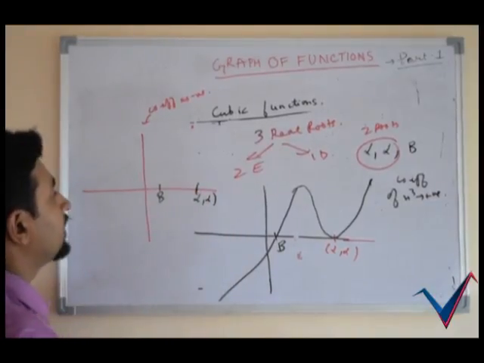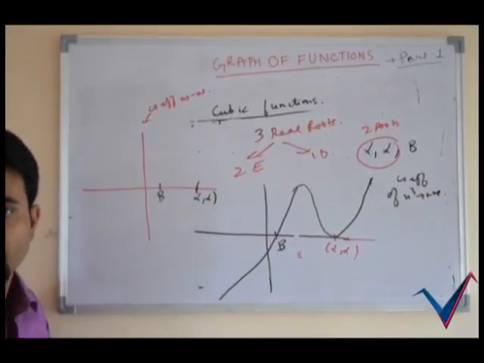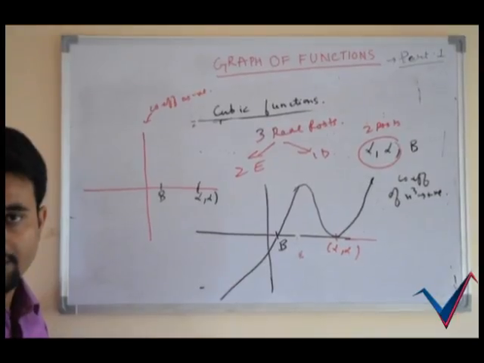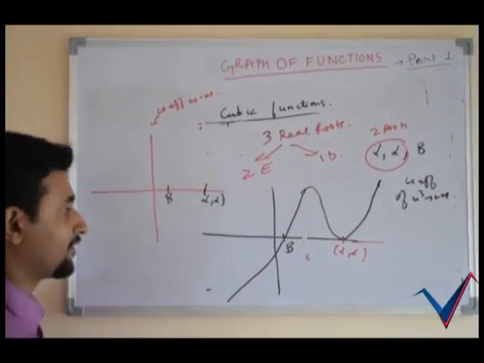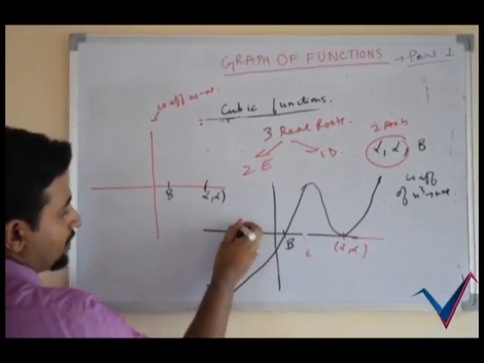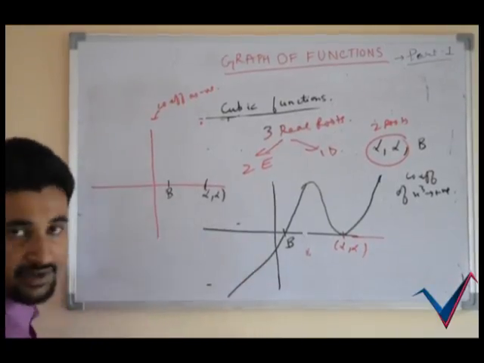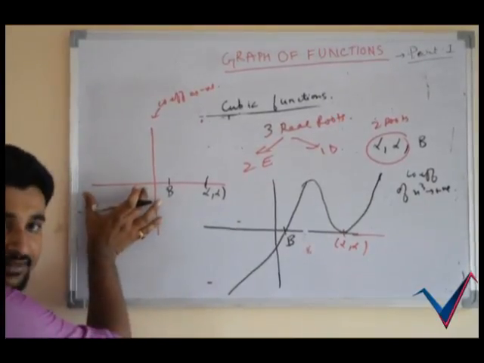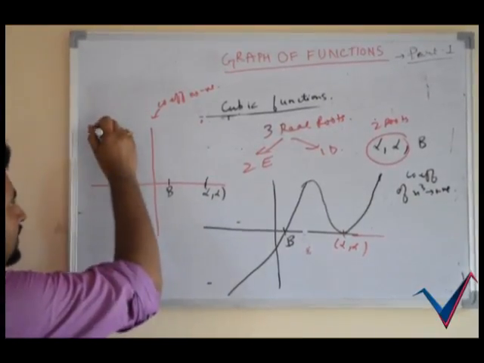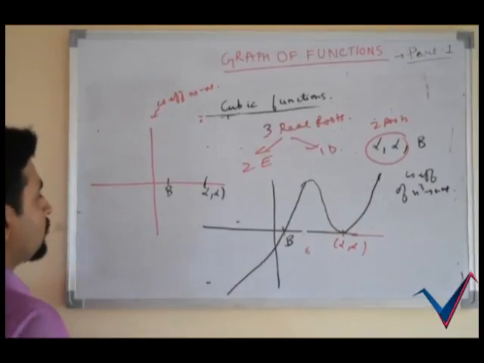Now when x is negative, y will be positive, we know it. And when x is positive, y will be negative. So it will go somewhere here, because x is positive and y is negative here, and when x is negative, y will be positive, so it would go from here. So how would the graph look?